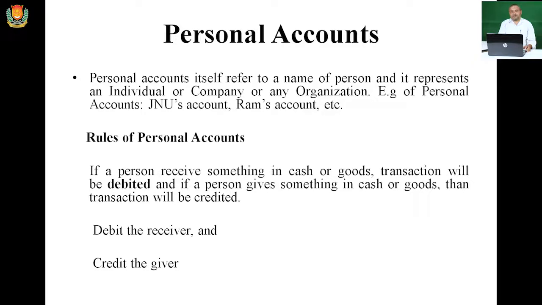If anyone gives something, he is credited. For example, machinery purchased from Mohan. So Mohan is a person and Mohan is a personal account. So Mohan is the supplier of the machinery. He is the giver of the machinery. So he will be credited.